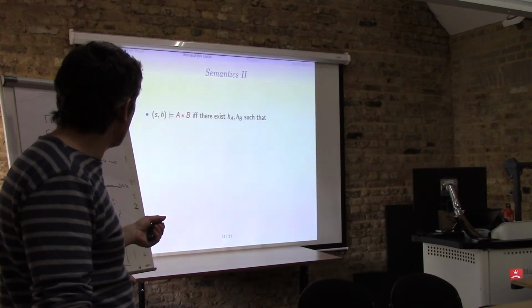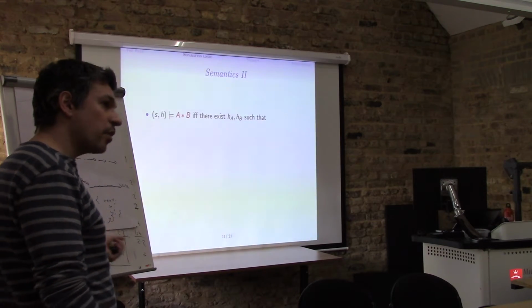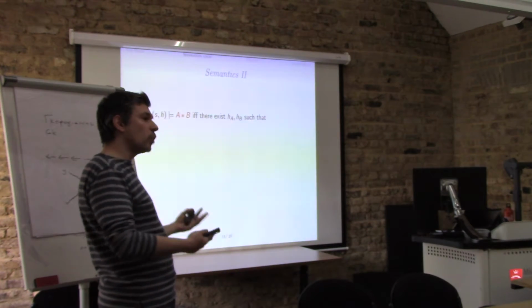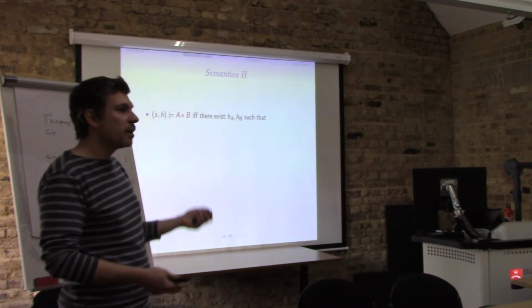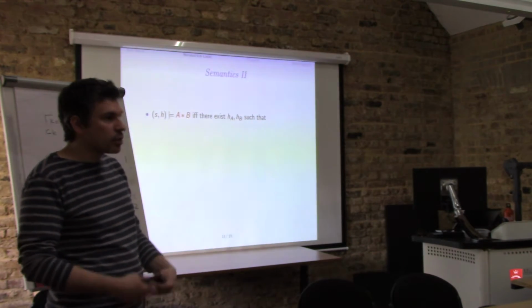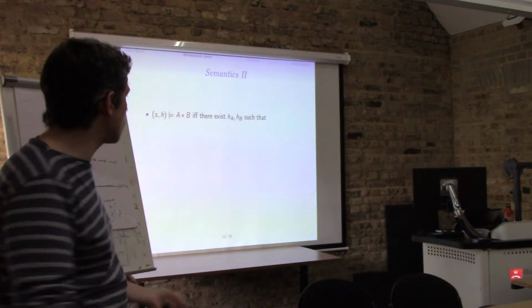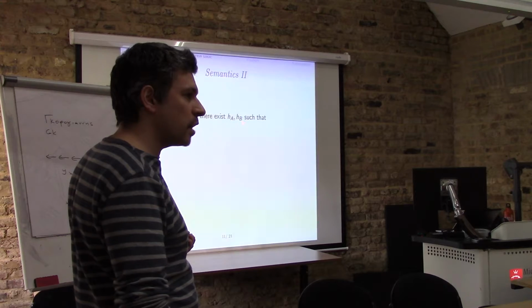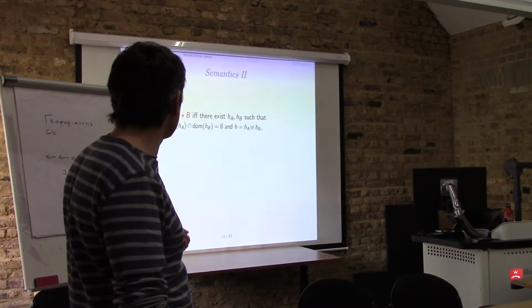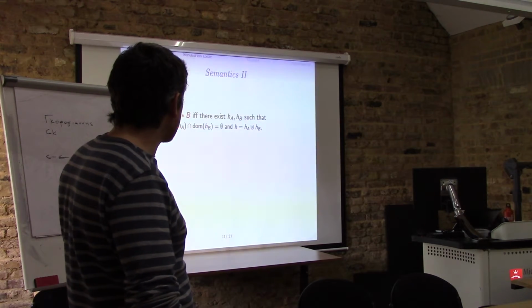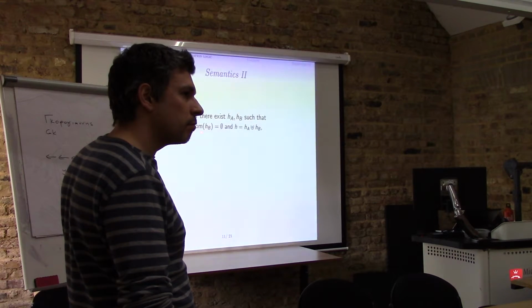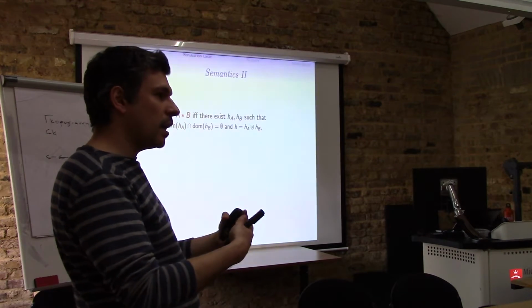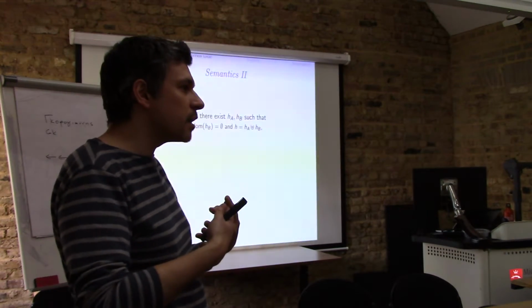Now the star, the separating conjunction, is interesting. If this were a modal logic, and you can see it as a modal logic, the star is a diamond modality, so it's an existential modality. It's true if there exist two other heaps, HA and HB, such that their domains are disjoint. So the two heaps don't contain any commonly allocated addresses.